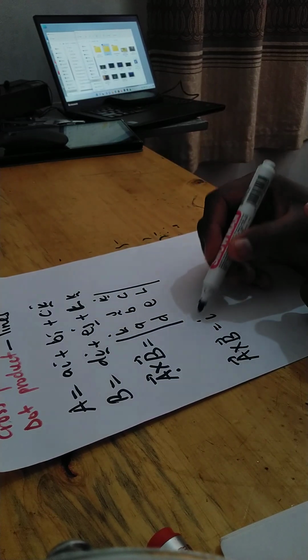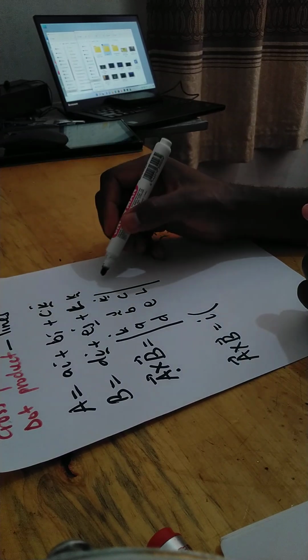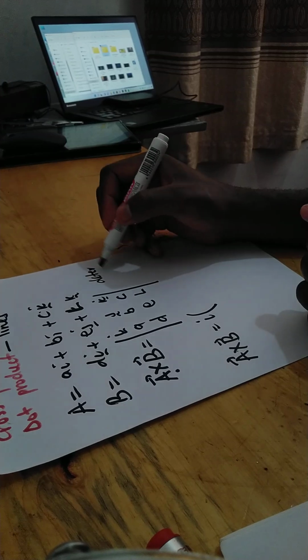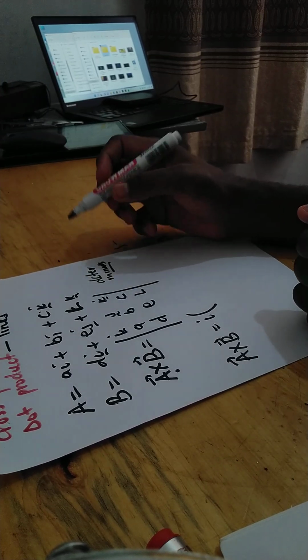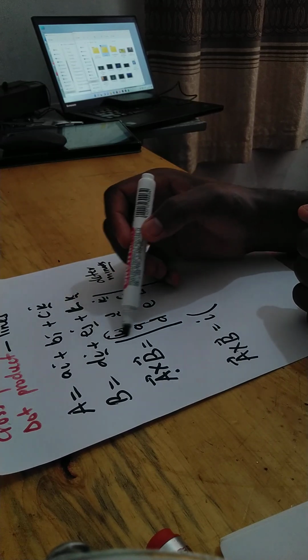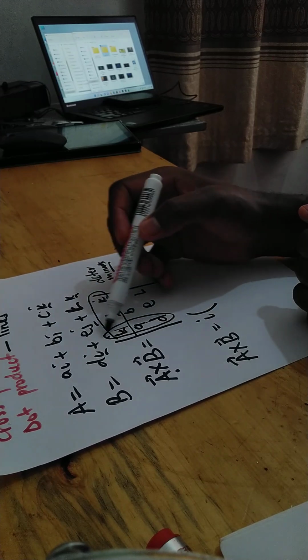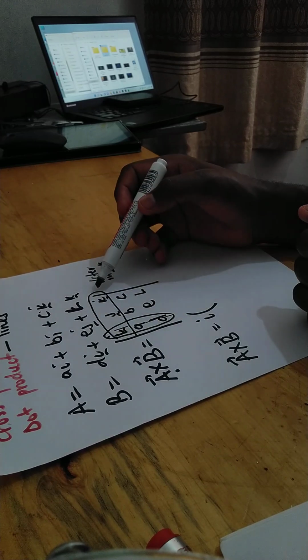This means the component of I will be multiplied by determinants. Determinants, you will do a lot here. Meaning if I'm going to get that of I, I will eliminate the whole of this row and the whole of this column.